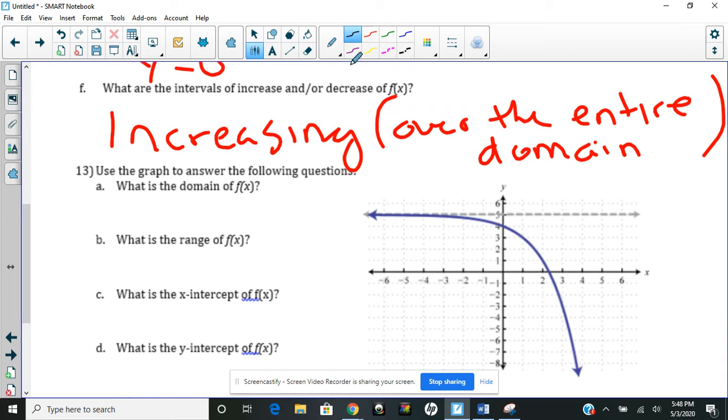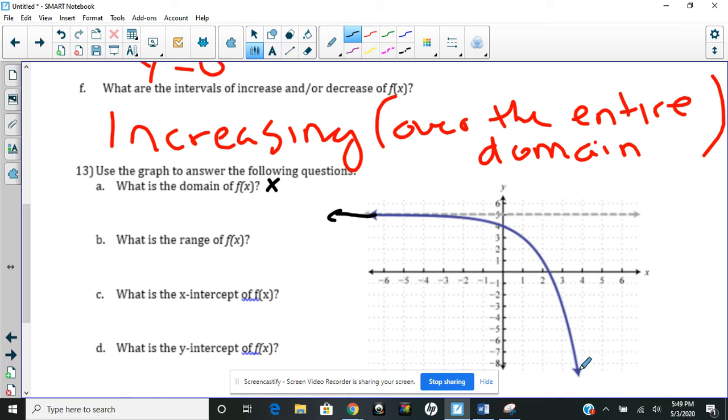So our first step is to look at this and try to figure out what the domain is going to be. And like we said in the first one, when we're looking at domain, we're looking at our x values. As this goes up, it's also still moving to the left. So I'll have a value at -2, -4, -5, -6, -100, -400. I'm going to hit all of those x values. Same thing here.